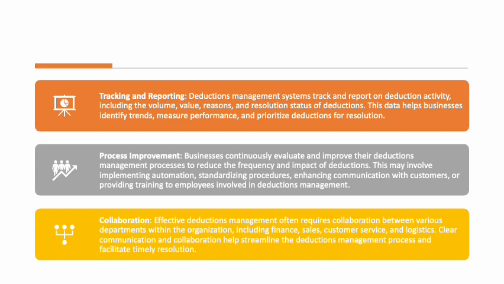Businesses continuously evaluate and improve their deductions management process to reduce the frequency and impact of deductions. This may involve implementing automation, standardizing procedures, enhancing communication with customers, or providing training to employees involved in deductions management.